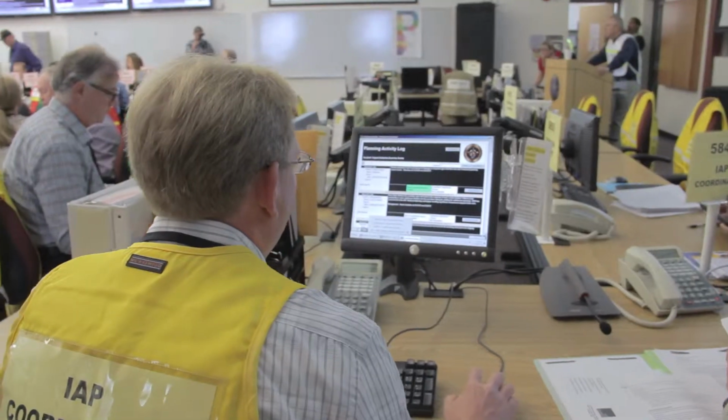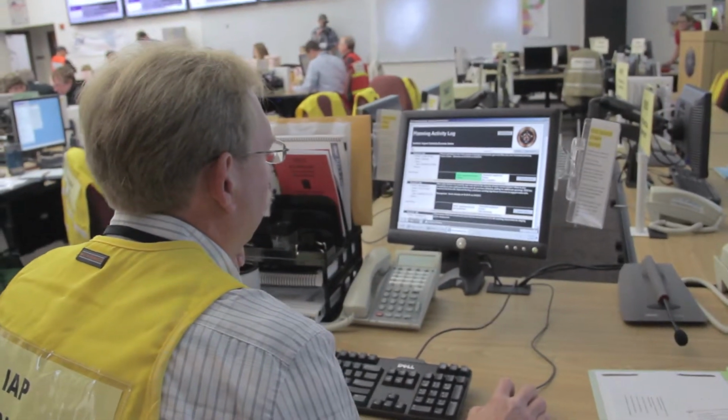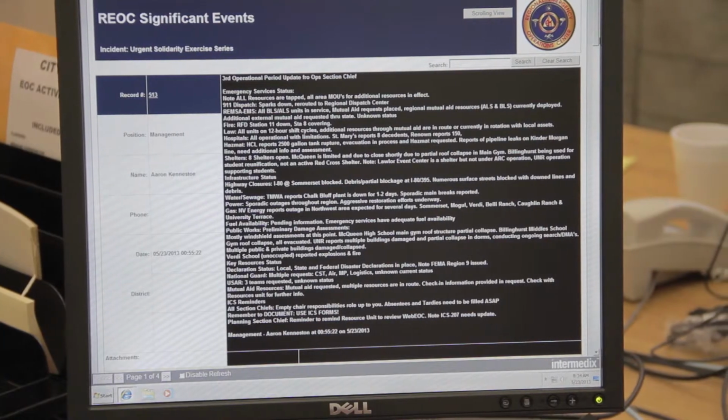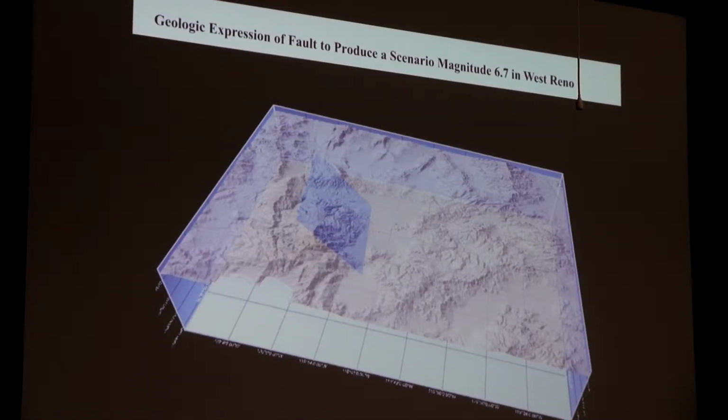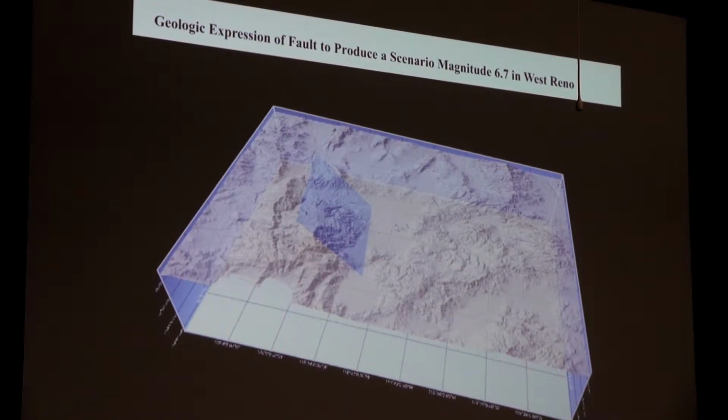So basically, we used the sim cell to mimic 1,000 different scenarios that we didn't have to play in the field, to let these people in the regional EOC get practice.